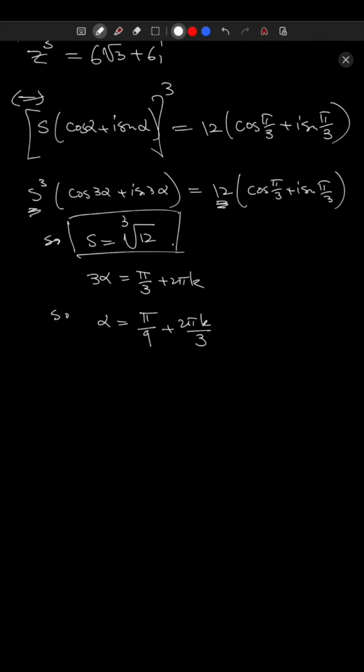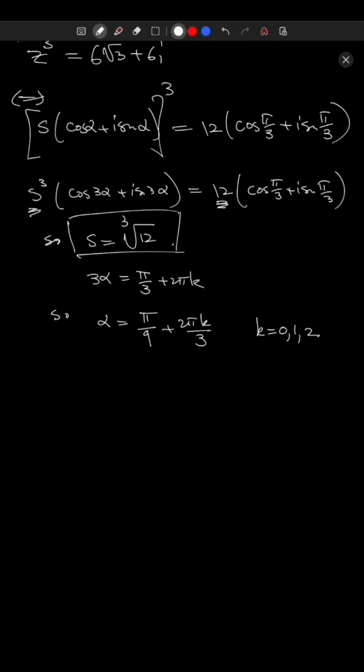All right. Oh, sorry. I should say what is k, right? k is equal to 0, 1, and 2. All right? Because again, we're dividing 2 pi k over 3. And so what happens is k equals 3 is going to repeat with k equals 0. k equals 4 is going to repeat with k equals 1, and so on. All right? So k equals only 0, 1, and 2. So that's exactly our 3 solutions.